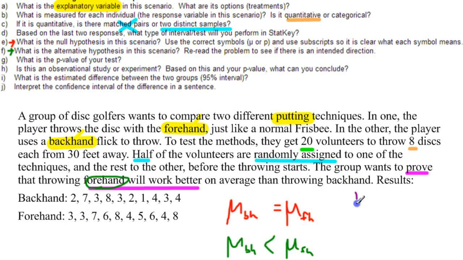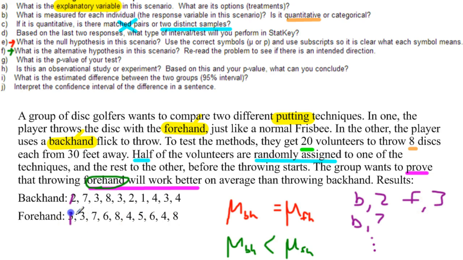So the first one would be, for example, B for backhand, comma, 2. And then, once you've entered that, B for backhand, comma, 7. And you would keep going down the line until you get all the backhands, and then you start with the forehand. So forehand, comma, 3, F, comma, 3.